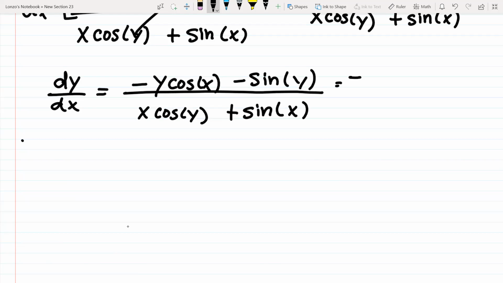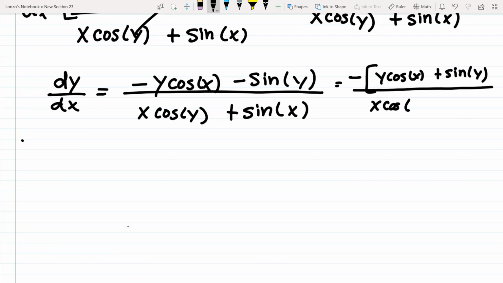So this would be minus bracket y cosine of x plus sine of y over x cosine of y plus sine of x, right?